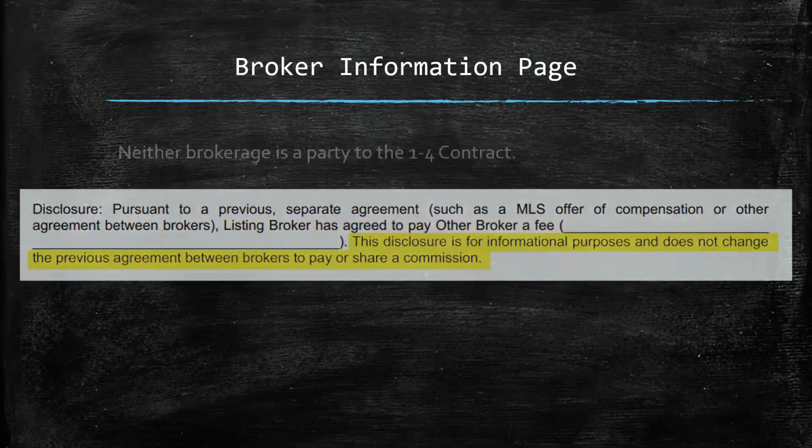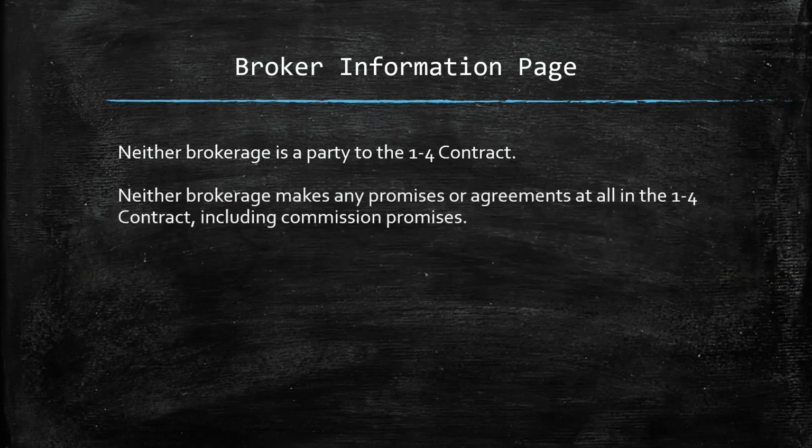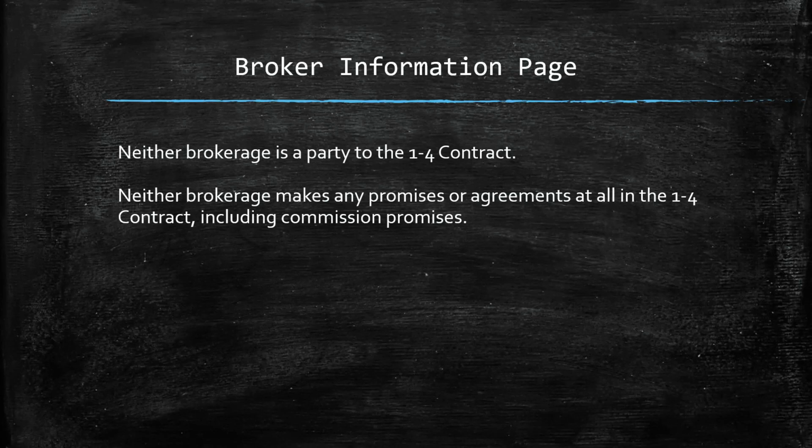Once again, the brokers are not a party to the 1-to-4 contract. Neither broker is making any promise or agreement in the 1-to-4 contract, and that includes commission promises. So the information on the broker information page about commissions, again, this is strictly informational only, and it is for the benefit of the title agent, so they will know how much commission to put on the closing statement.